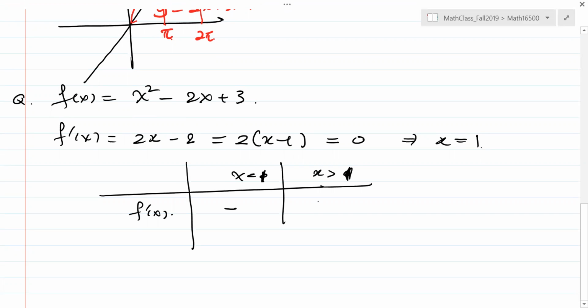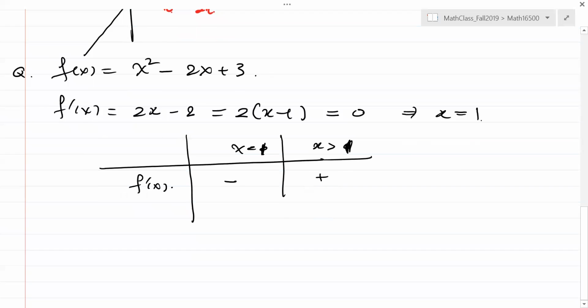When x is greater than 1, x minus 1 is positive, so the derivative is positive. For x less than 1, the derivative is negative, so the graph goes down. When x is greater than 1, the derivative is positive, so the graph goes up.